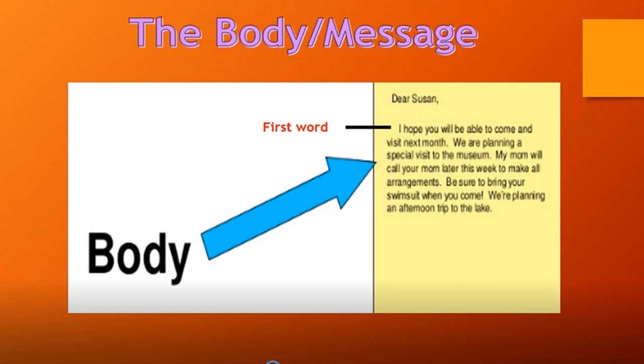Now after that comes the main part of the letter, that is the body or the message. As I told you earlier, you can write this in 2 to 3 small paragraphs. When you are writing this, you have to leave some space from the margin and then start writing your paragraph, right?